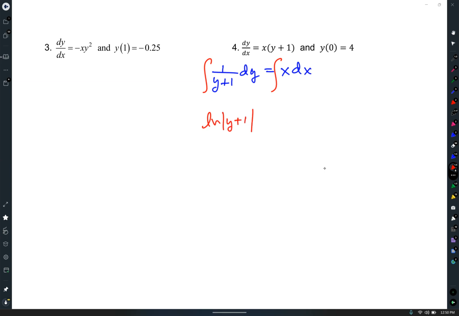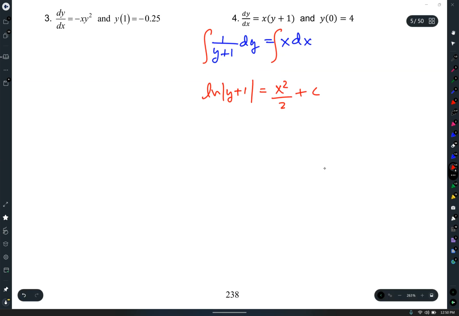Luckily, we know how to integrate u prime over u. Luckily, we learned our fancy E it up method.